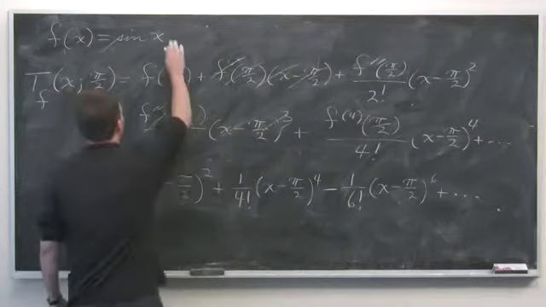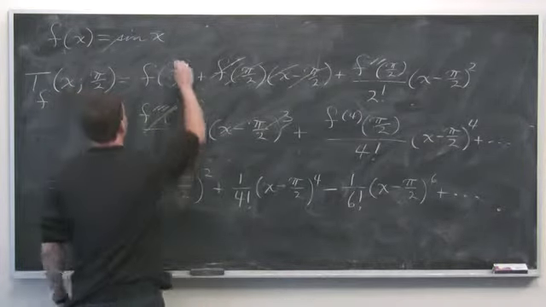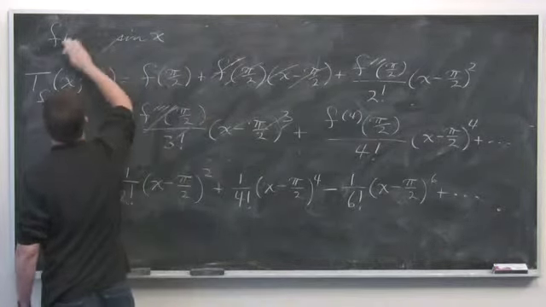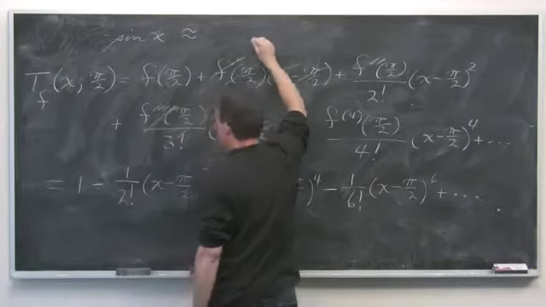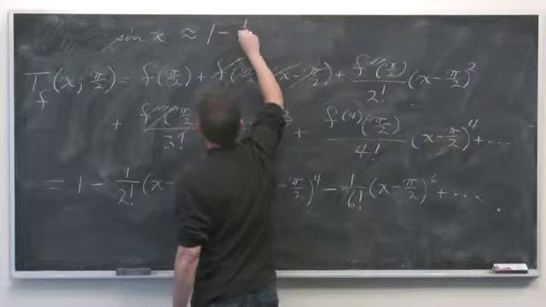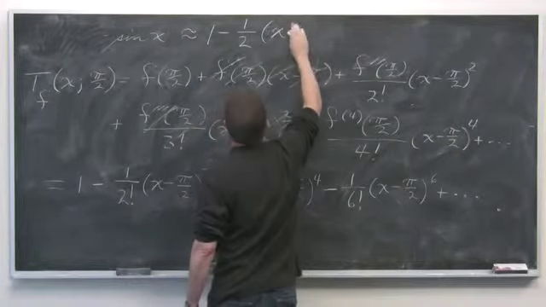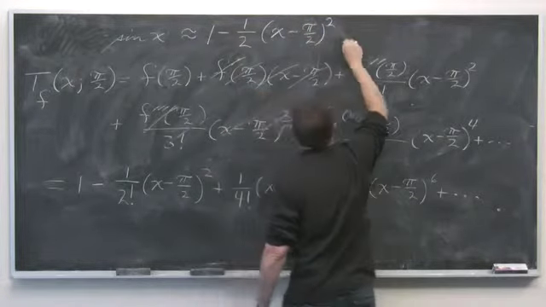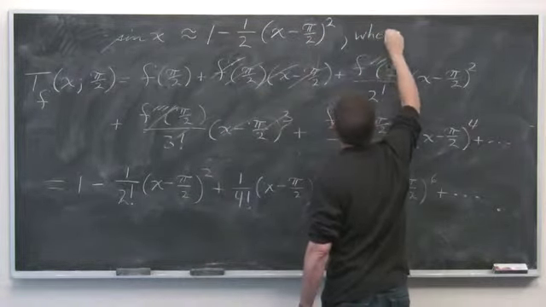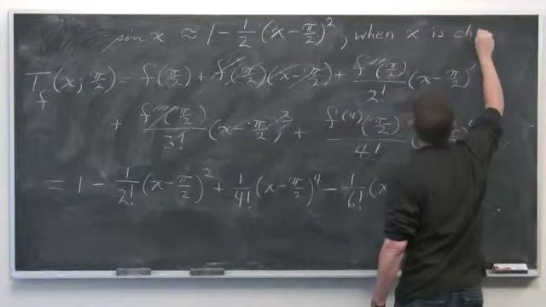But a better approximation, that's not a constant, take this next non-zero term. So a reasonable approximation, sine of x is approximately 1 minus 1 over 2, 2 factorial is just 2, times x minus pi over 2 squared, when x is close to pi over 2.